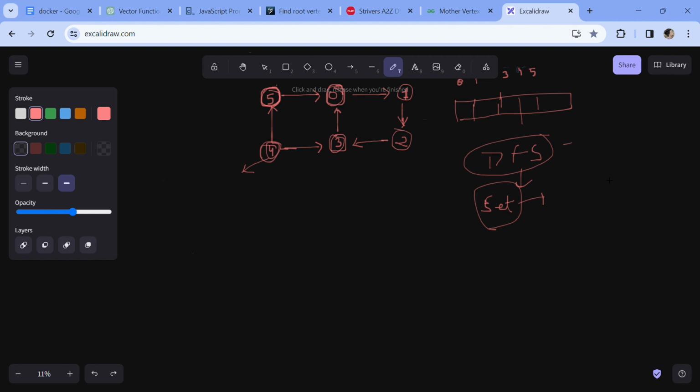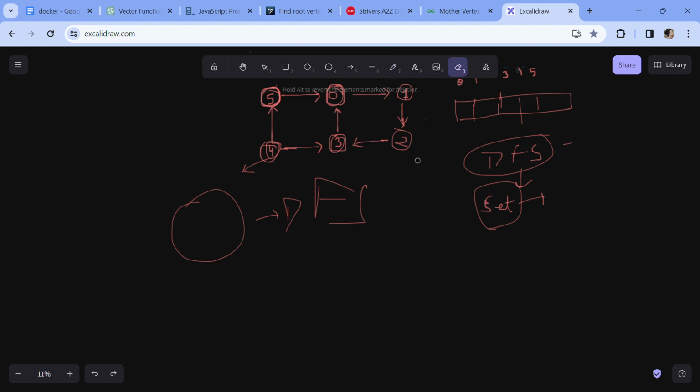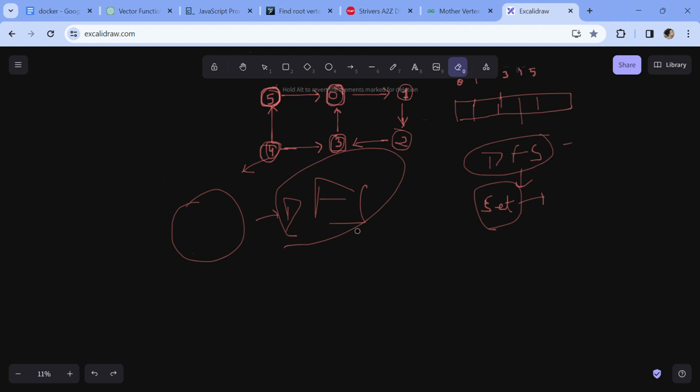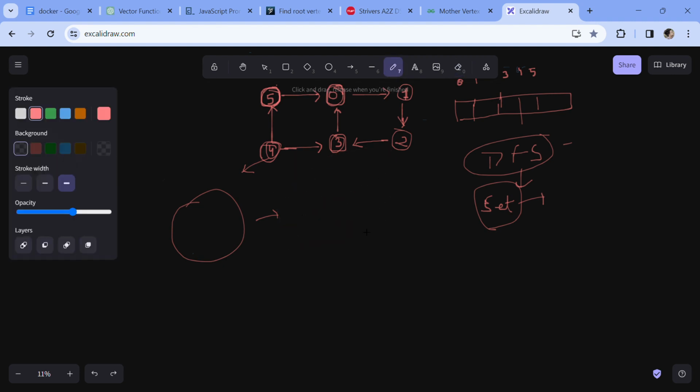We will make a DFS call only if we are visiting that node for the first time. Only after that will we make the DFS call. So that will be our optimized approach.